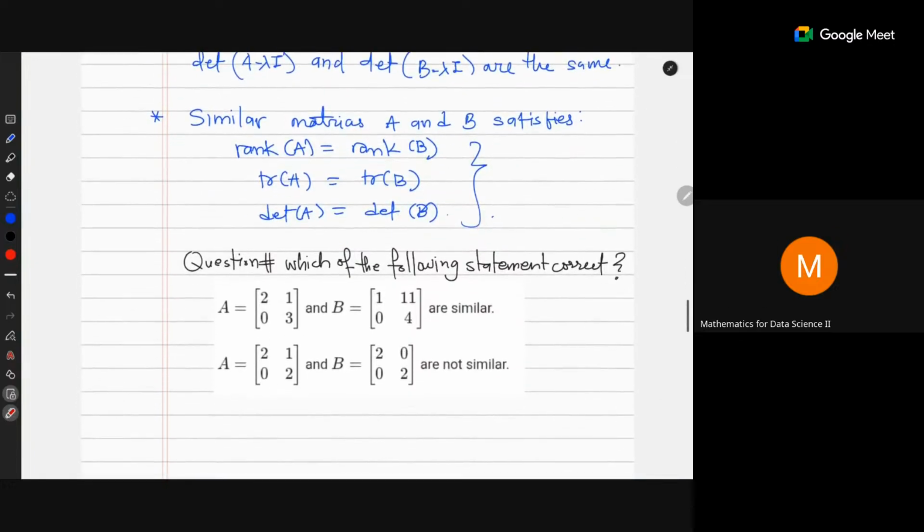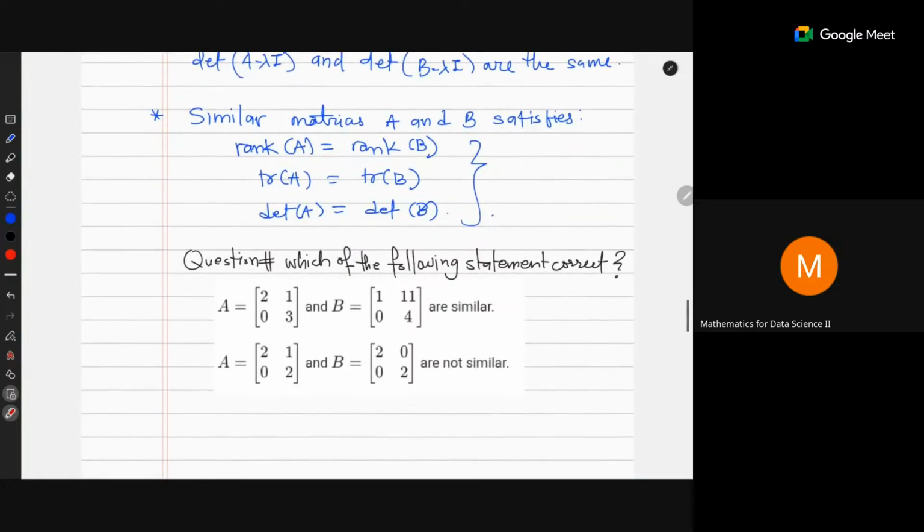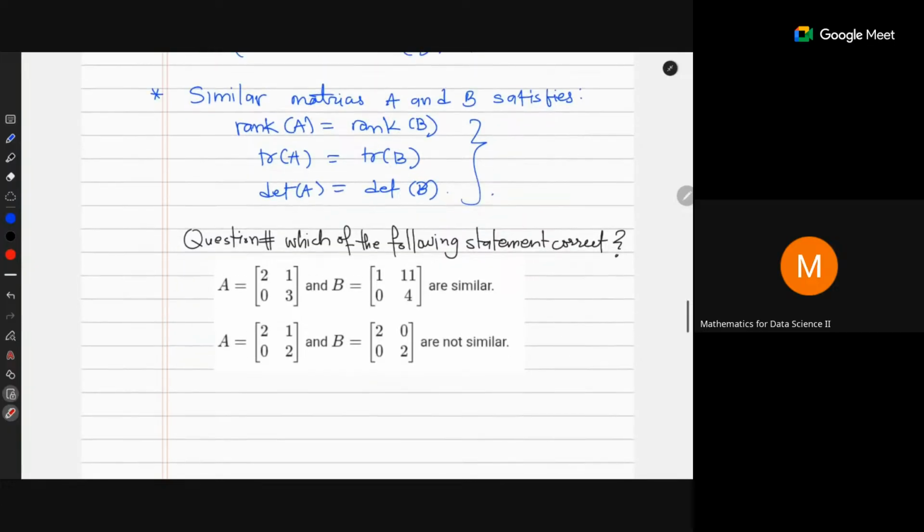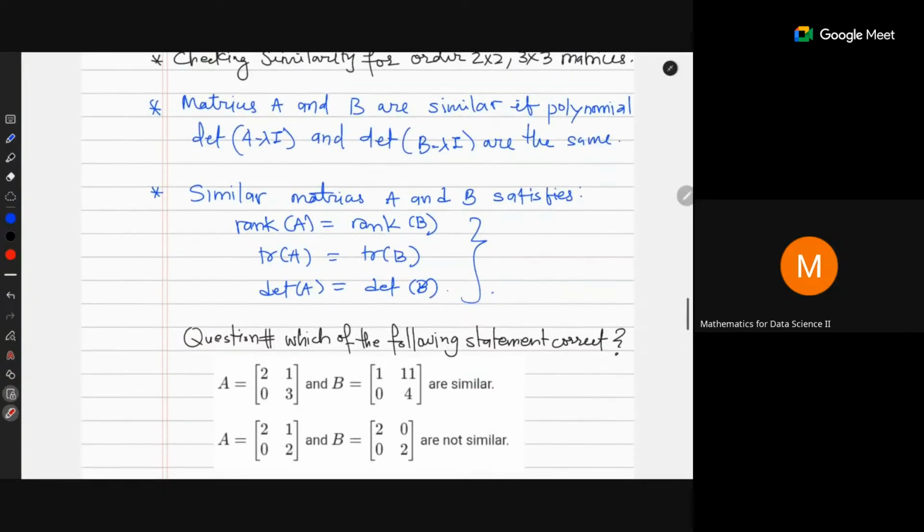If you are asked whether two matrices are similar or not, you can quickly find their determinant. If their determinant is the same, then they can be similar. But if their determinants are not the same, you can quickly say that they are not similar.